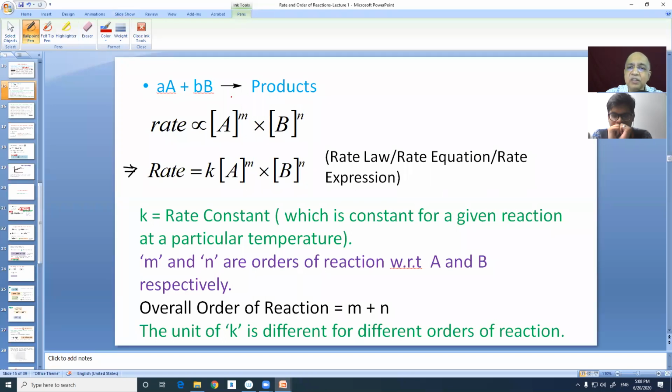Supposing the reaction is represented by this, small a, small b are coefficients in the balanced equation, and A and B are the reactants. For getting order, we do not bother about the products. To find the value of rate, yes, either we can monitor the reactant or the product. But to know the order, products are unimportant. Particularly, we are doing simple reactions.